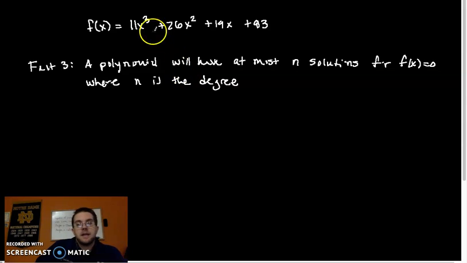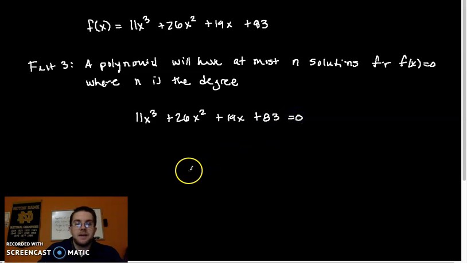Okay, so if I'm looking at this, the degree is 3, so we should expect there to be no more than 3 solutions when I set this thing equal to 0. Okay, so we actually need to find those, so we're going to say 11x cubed plus 26x squared plus 19x plus 83 equals 0. Okay, and now this is where things kind of get tricky.